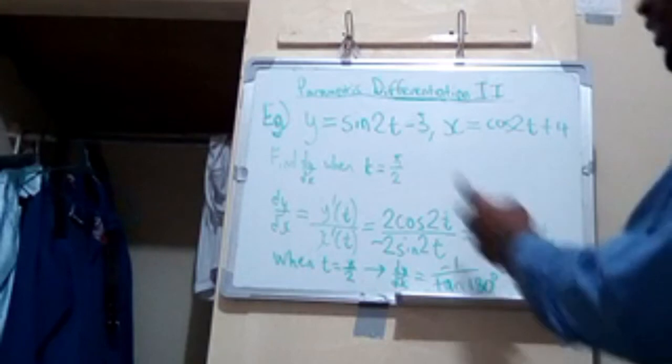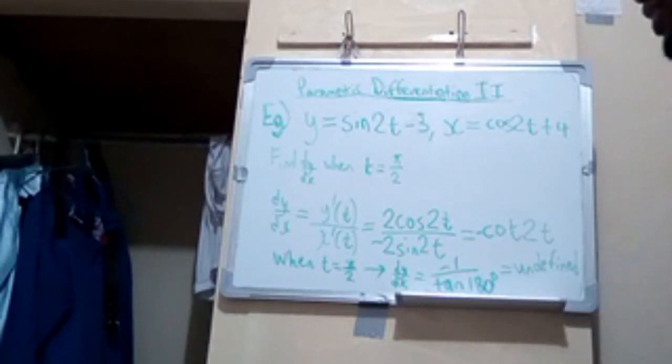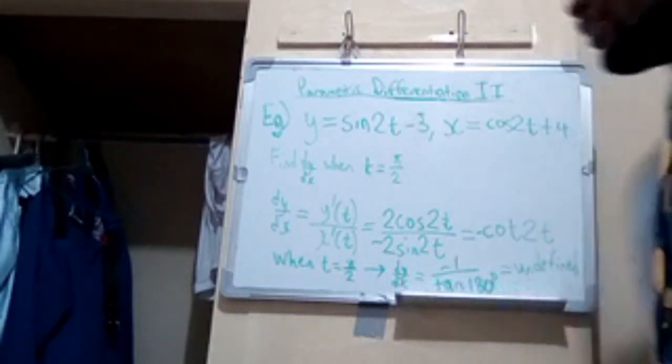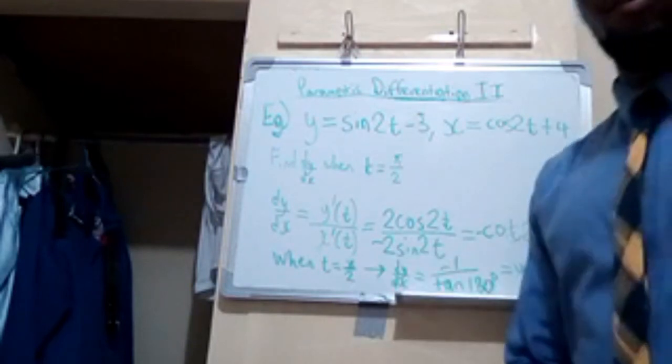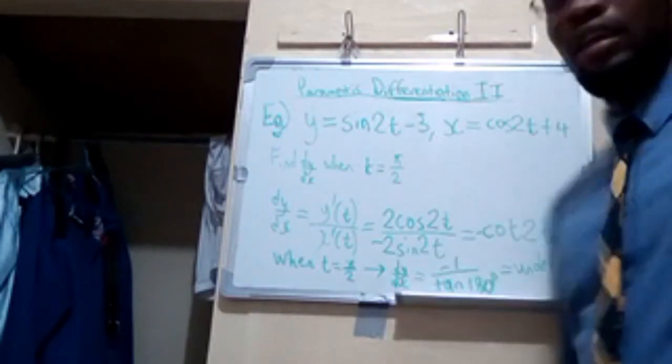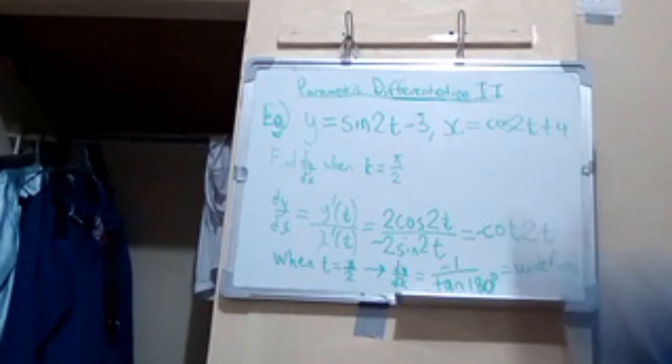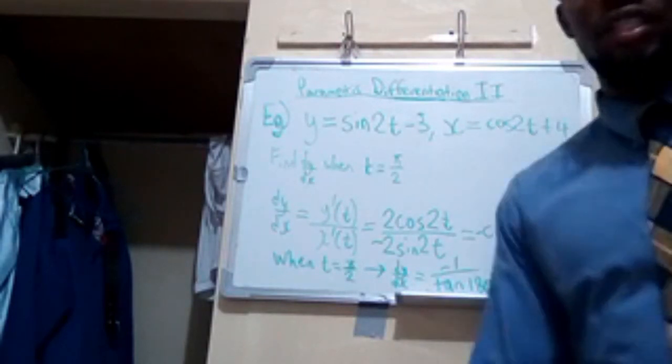So the gradient here is undefined. So that's how we find dy by dx using parametric differentiation.